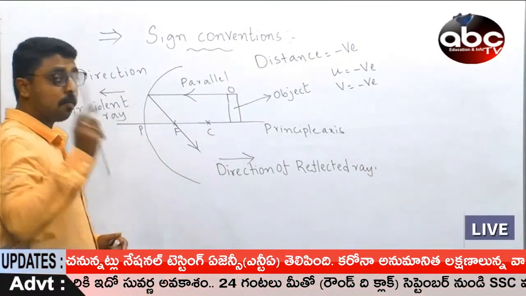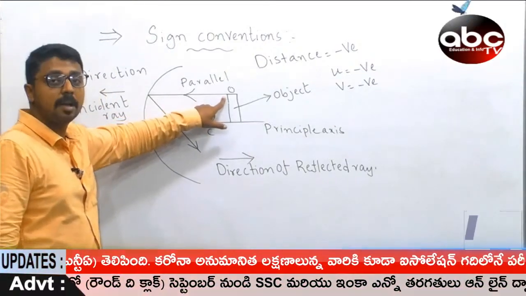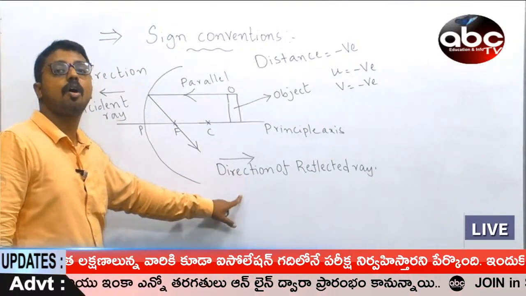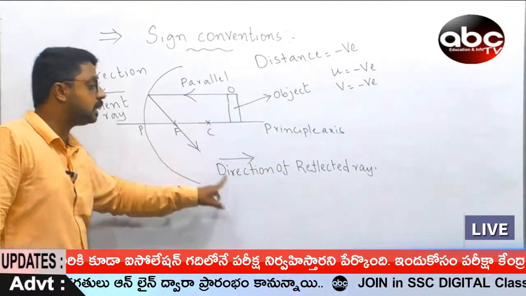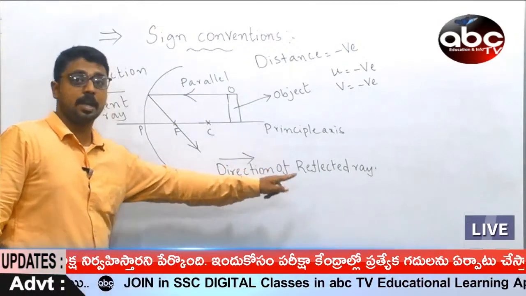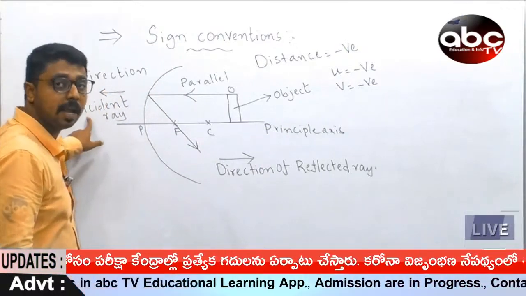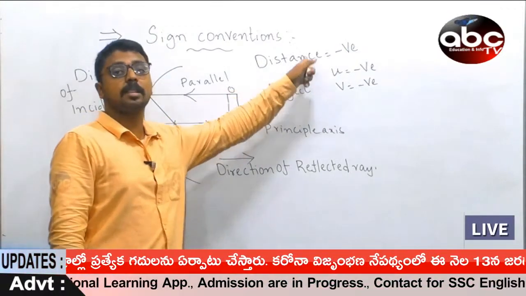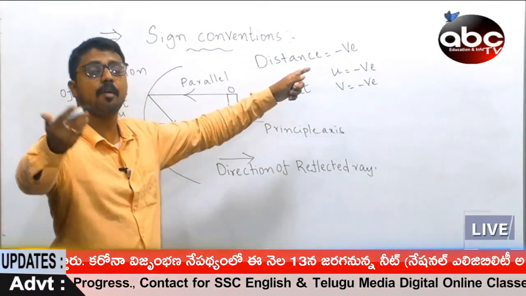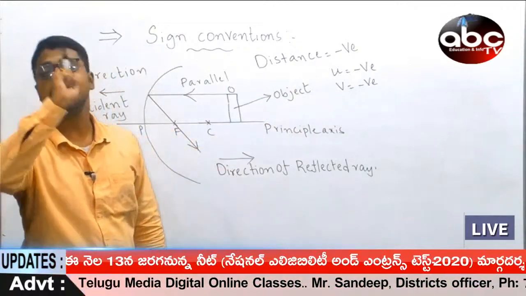But one common thing is that when the reflected light ray is in the opposite direction of the incident light ray, we are going to take the distances, whether that may be u, v, f or r, as negative.